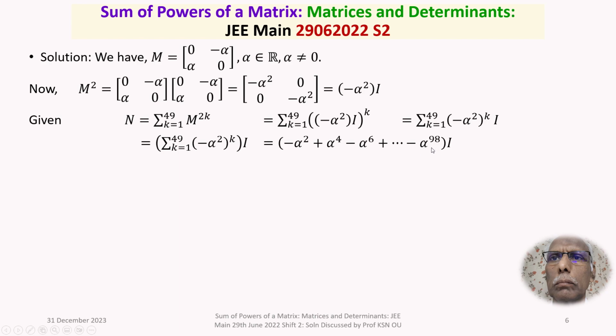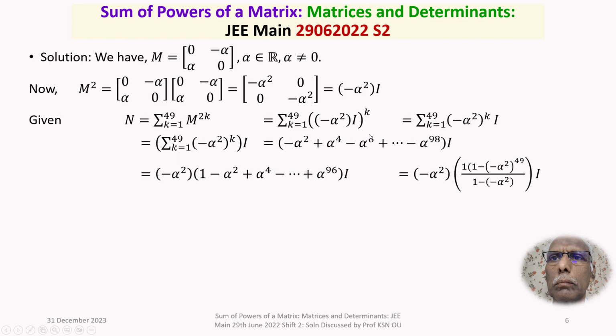This is all in brackets multiplied by I. Now we can take out minus alpha square common. So this is equal to minus alpha square into (1 minus alpha square plus alpha to the power of 4 minus, and so on, plus alpha to the power of 96), because we have taken alpha square out, multiplied by I.